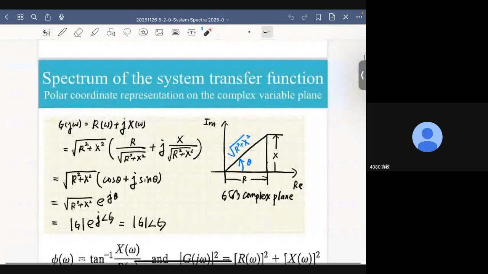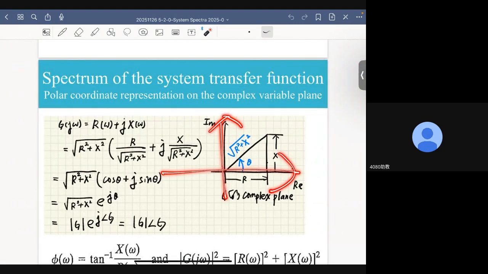So let's switch our attention to the 2D complex plane, where the horizontal axis corresponds to the real number and the vertical axis relates to the imaginary number.